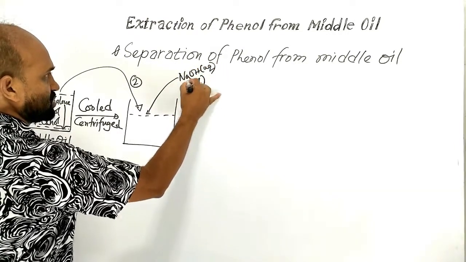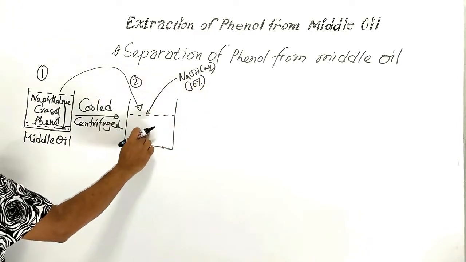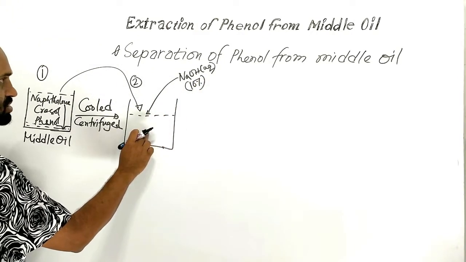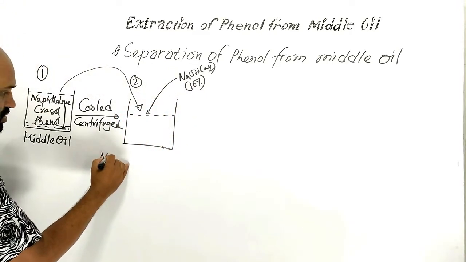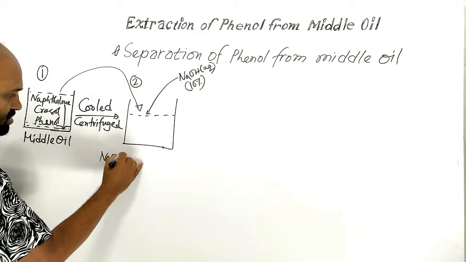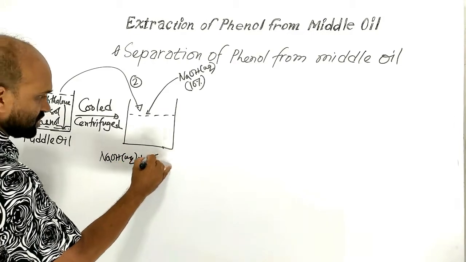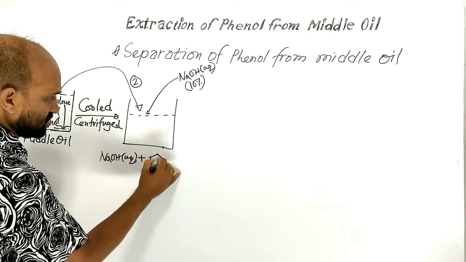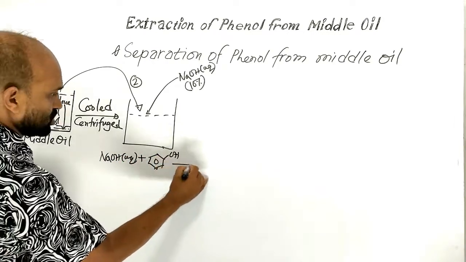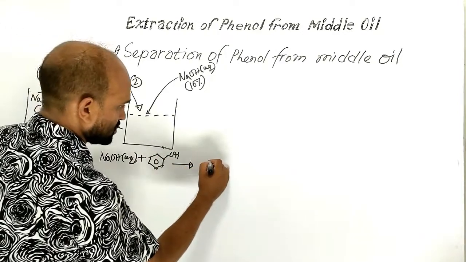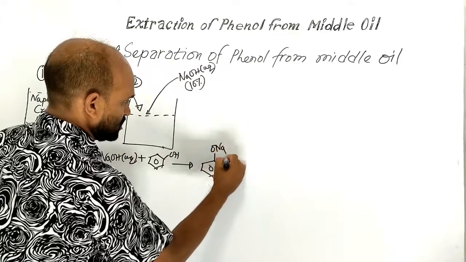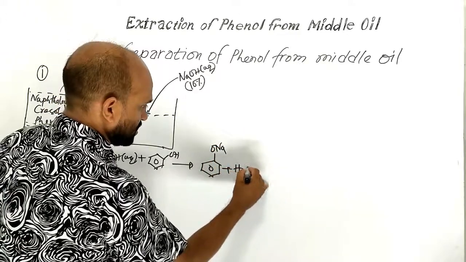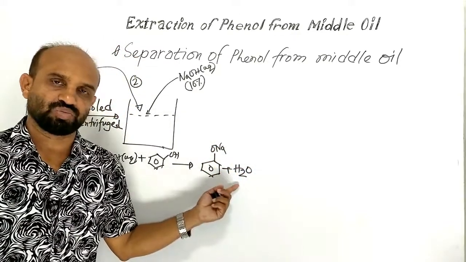This aqueous solution of sodium hydroxide reacts with phenol to form sodium phenoxide, and water is formed as byproduct.